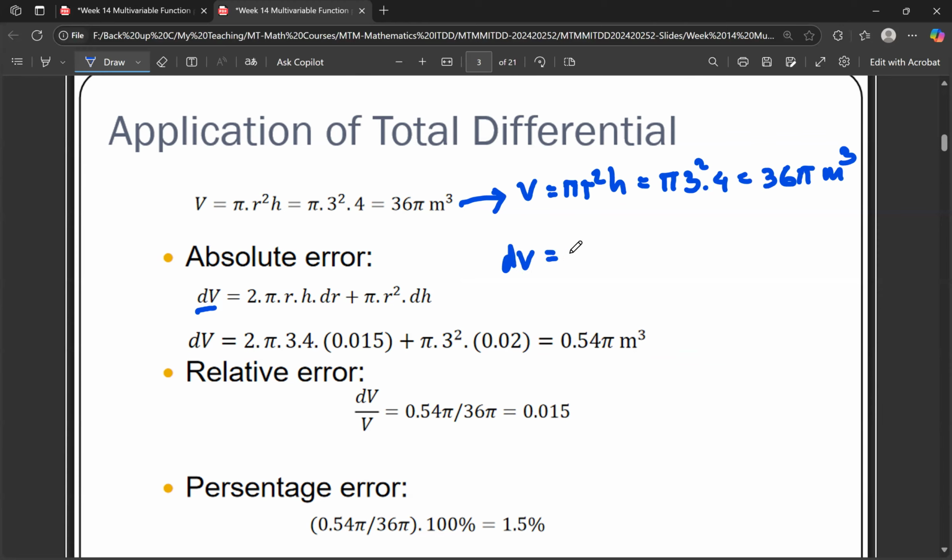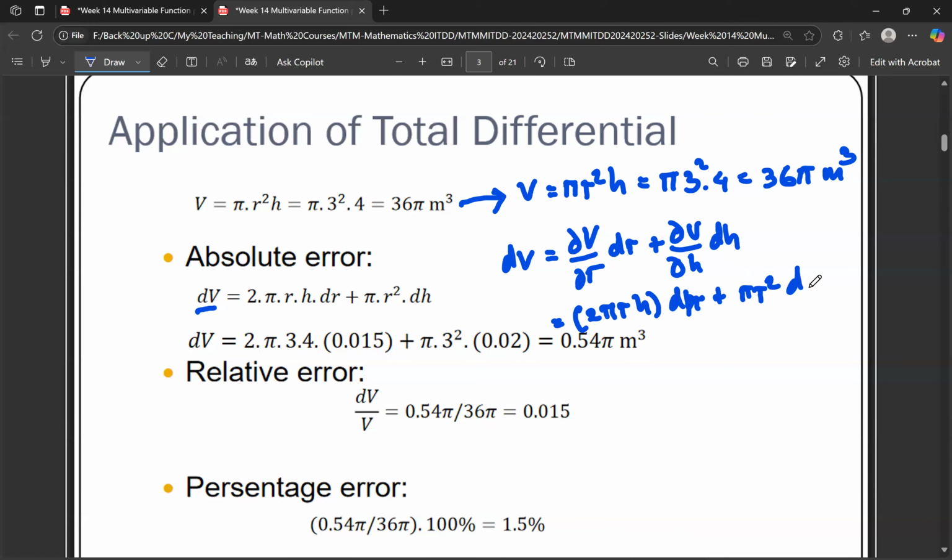The dV is ∂V/∂r dr plus ∂V/∂h dh, and this is the formulation: 2 pi r h dr plus pi r square dh.